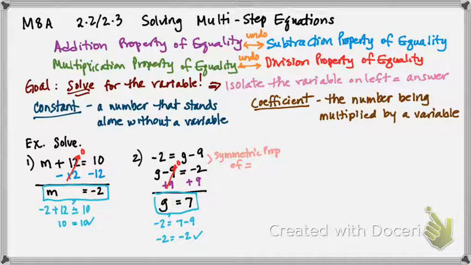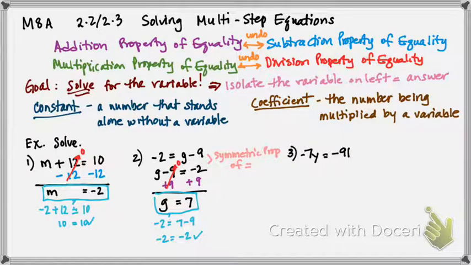Okay? Let's see. Number 3. We've got negative 7y equals negative 91. Now I've got a multiplication problem. Remember, when you have a number butted up to a variable, it means to multiply.